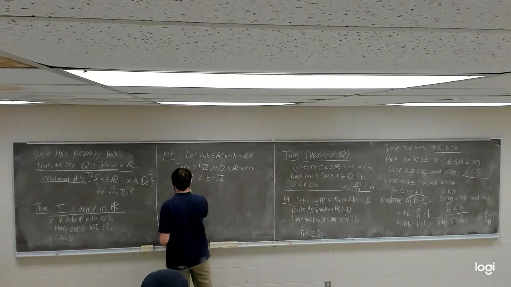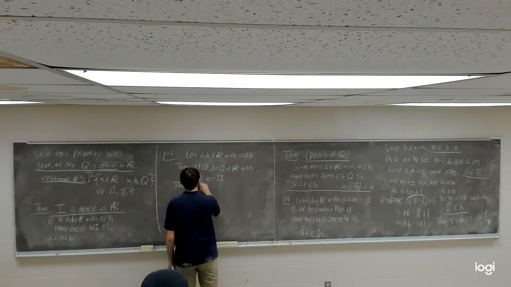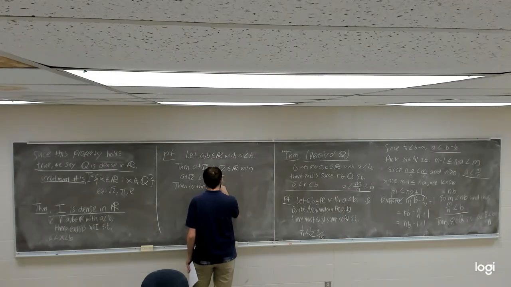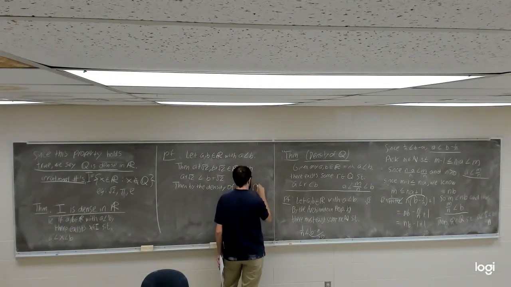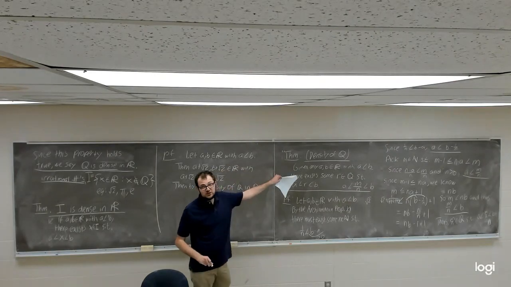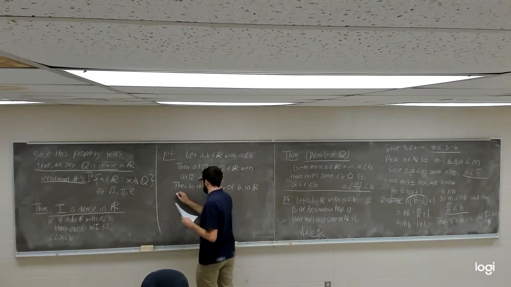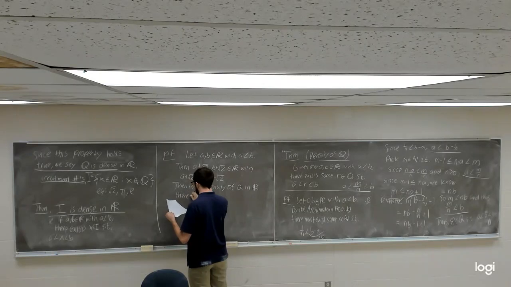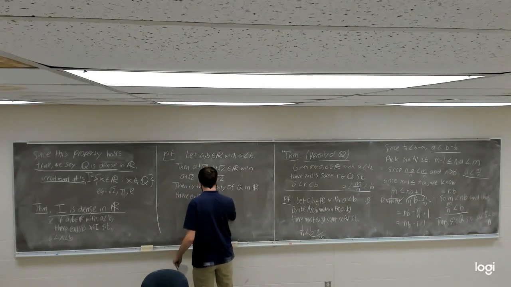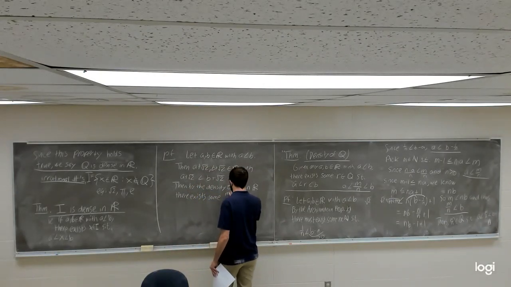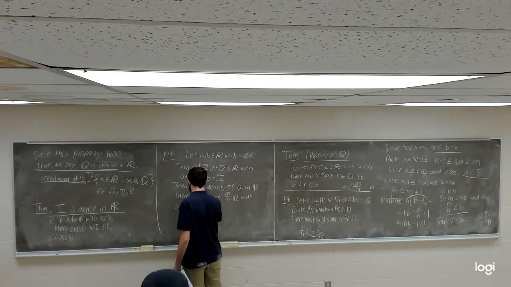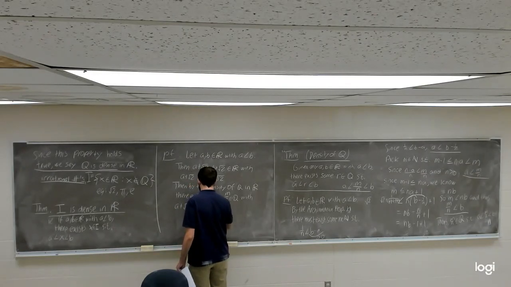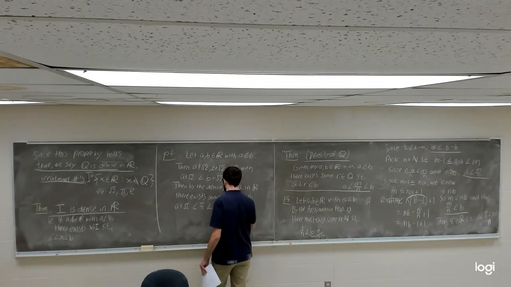So then, by the density of rational numbers in R, in other words, I'm using this result right here, there exists some m divided by n in Q with a plus root 2 less than m over n less than b plus root 2.